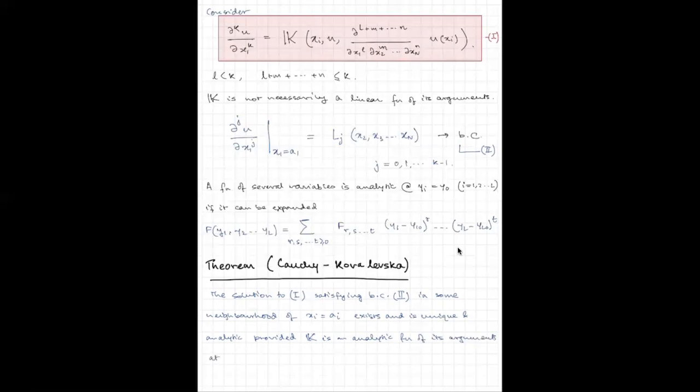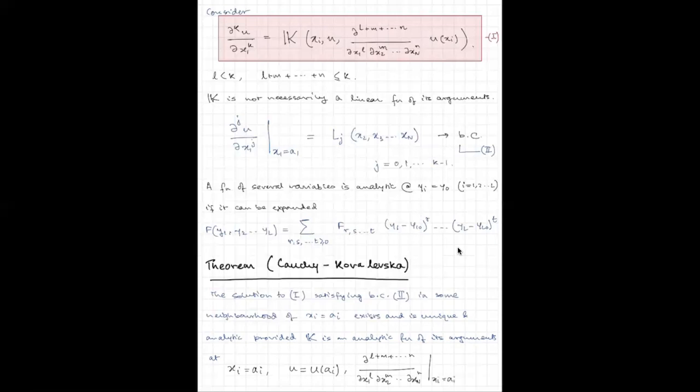at x_i equal to a_i, u equal to u of a_i, and the derivatives del^(l+m+...+n) u/del x1^l del x2^m ... del xn^n, also at x_i equal to a_i.